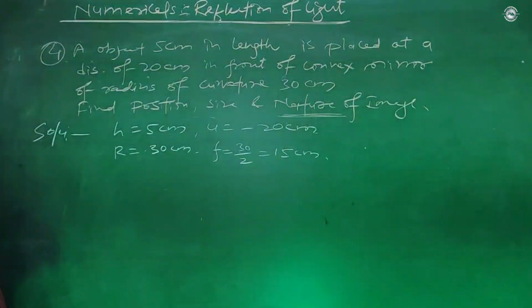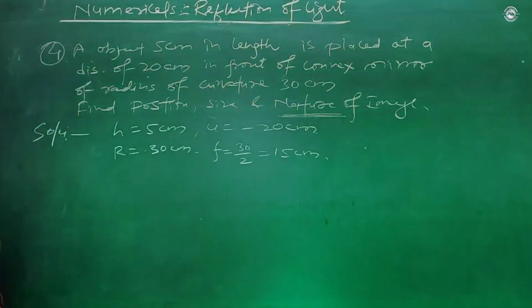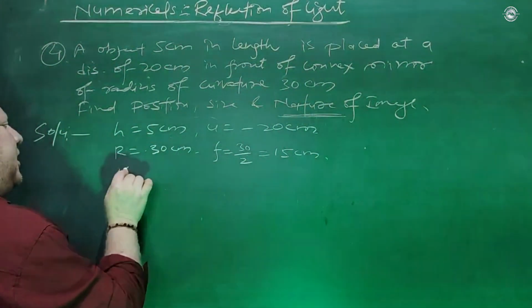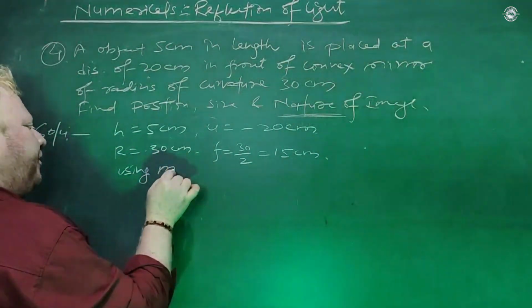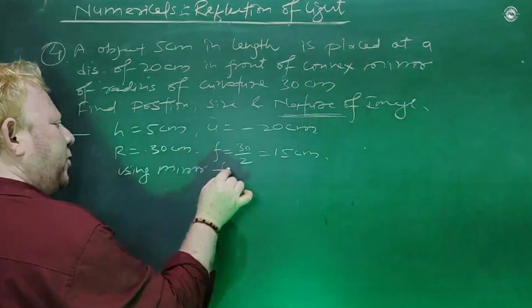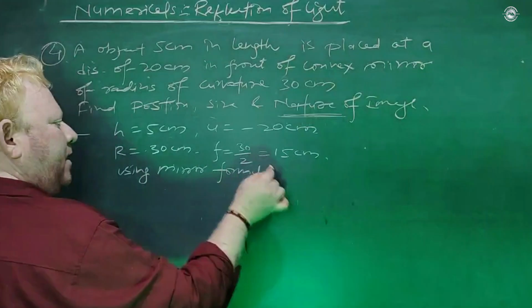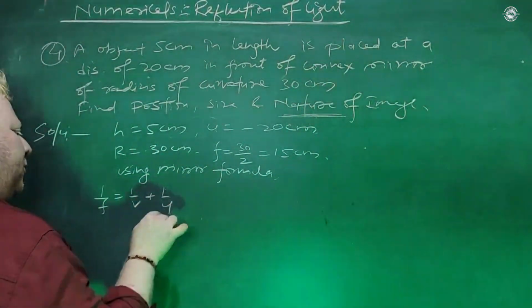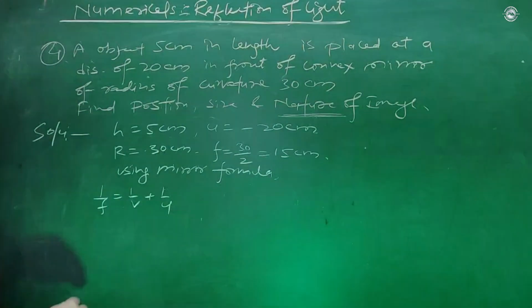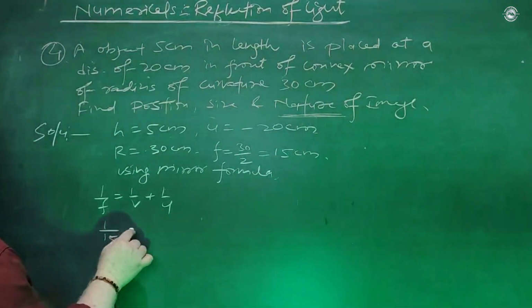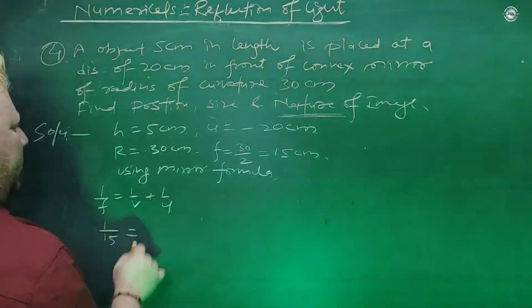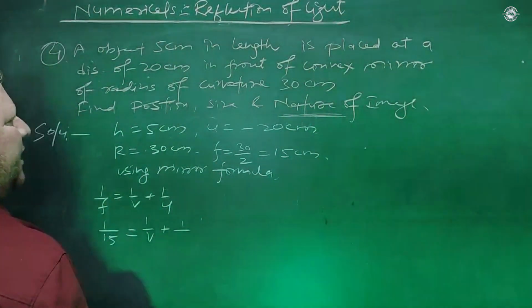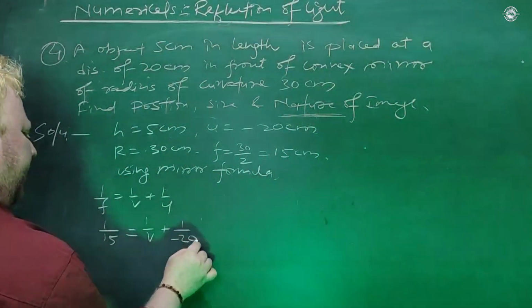Okay, now let us find out the position and go for the size and nature. I will use here the mirror formula: 1 by f is equal to 1 by v plus 1 by u. Now 1 by f means 1 by 15, 1 by v is not given, and 1 by u means 1 by minus 20.